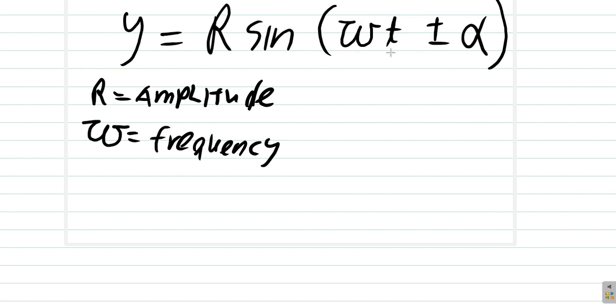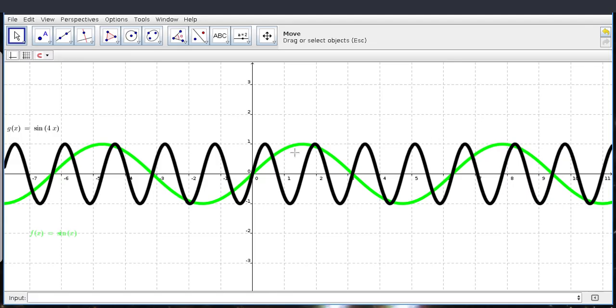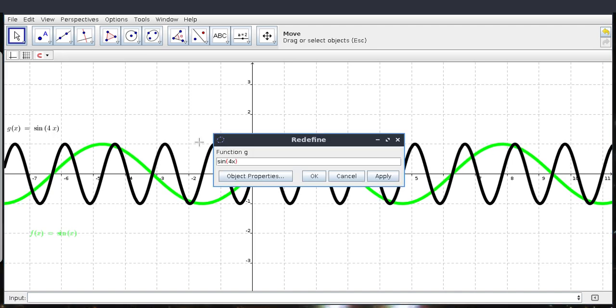Now, t, the time. You can't control time. It's like the angle. So we leave that alone. But what we can change is the alpha. What does alpha mean? Alright, let's go back to the graph. Let's put it back like the original graph. Y equals sine x.